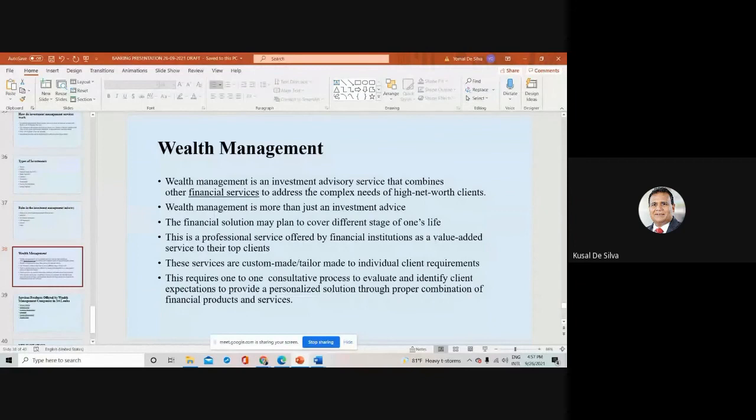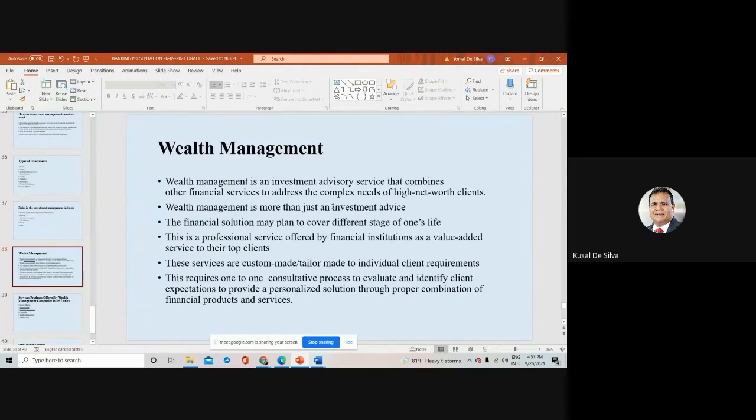Wealth management is more than just investment advice. Investment advice is sometimes tackling only one set of the clients' assets, but this is a more holistic view, managing the entire asset or wealth of the client. The financial solution may plan to cover different stages of one's life.